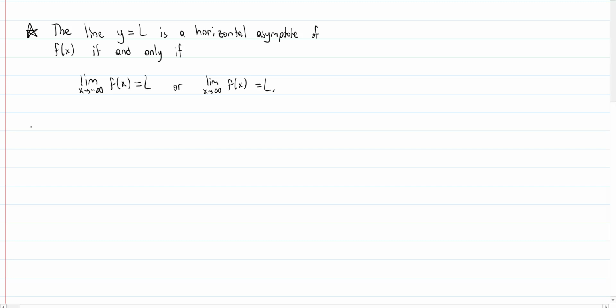So as some examples, we had this function from the last video. f of x was the square root of 3x squared minus x plus 2 over 5x minus 4. And for this function, we found that the limit as x approaches plus or minus infinity was plus or minus root 3 over 5.